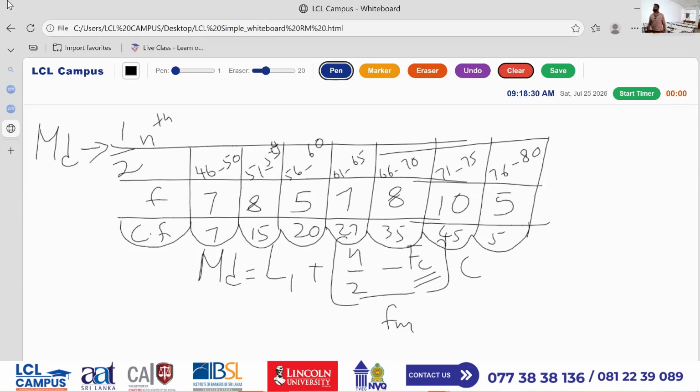Is it okay how to obtain it? Cumulative: 7, 7 plus 8 is 15, 15 plus 5, like that. Then n is 50, right? Half of 50 means the 25th class is the median class. Now see, which class does the 25th belong to?